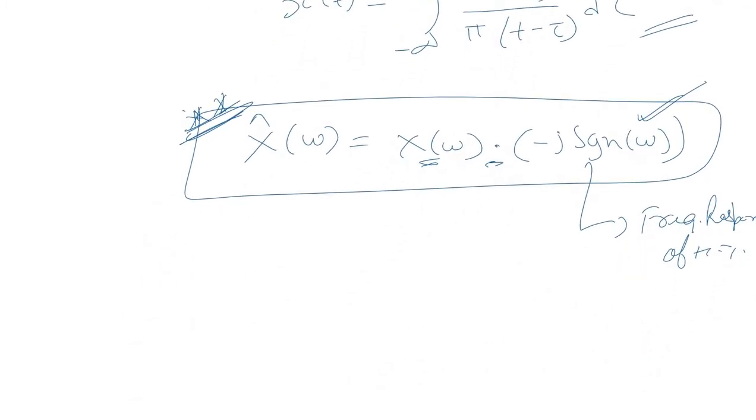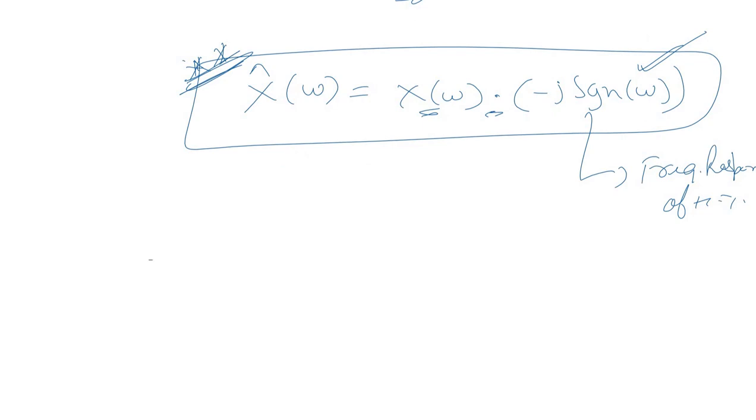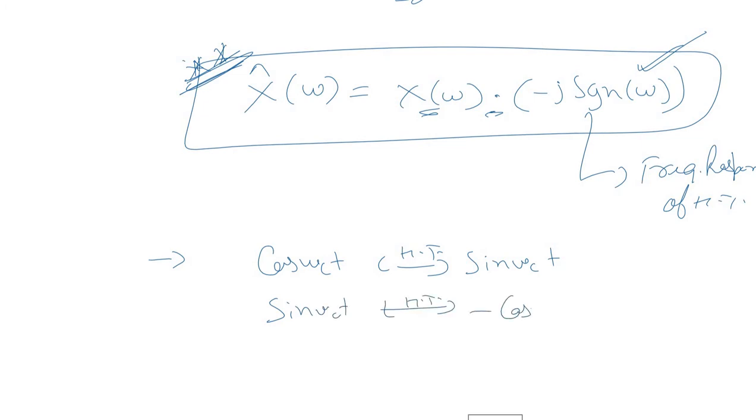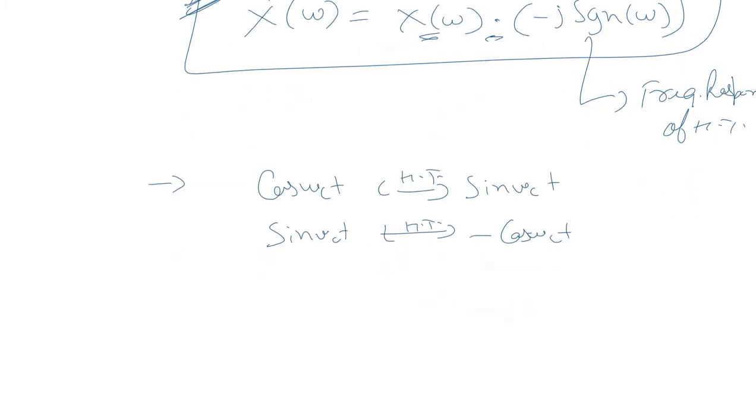Since it introduces a phase difference of 90 degrees, we can look at some examples. If we have cos omega c t, its Hilbert transform would be sin omega c t. If we have sin omega c t, its Hilbert transform would be minus cos omega c t.